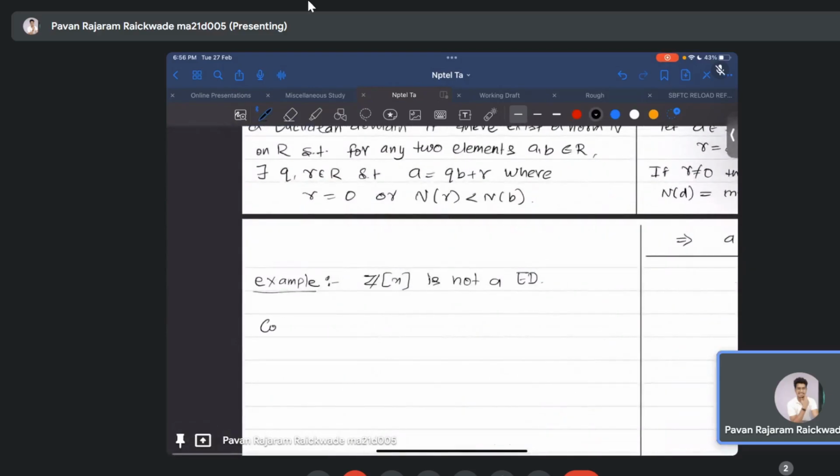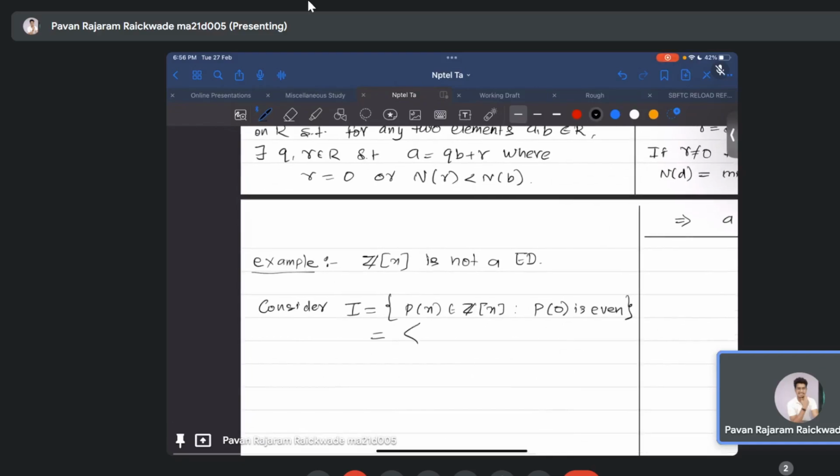Okay, so consider I, which is the set of all polynomials such that P(0) is even. Basically, polynomials with even constant term. Another representation is you can write this as the ideal generated by 2 and x.